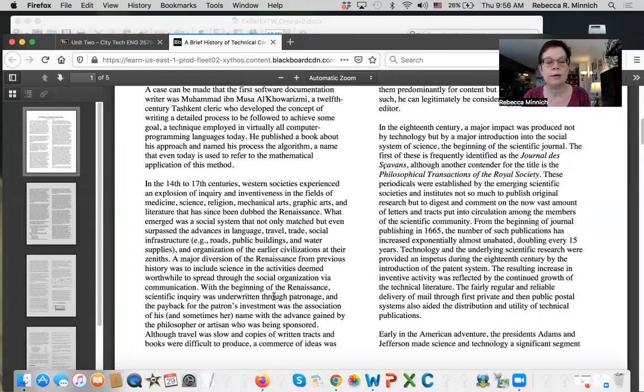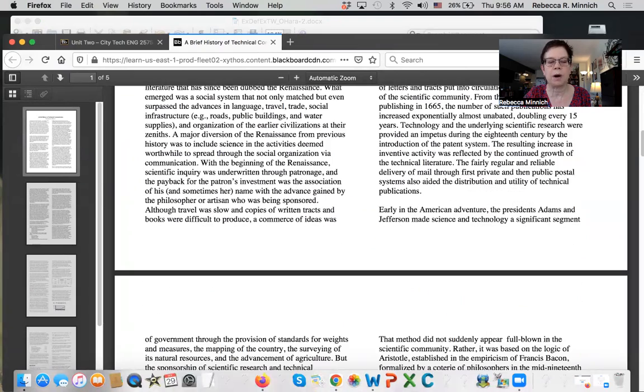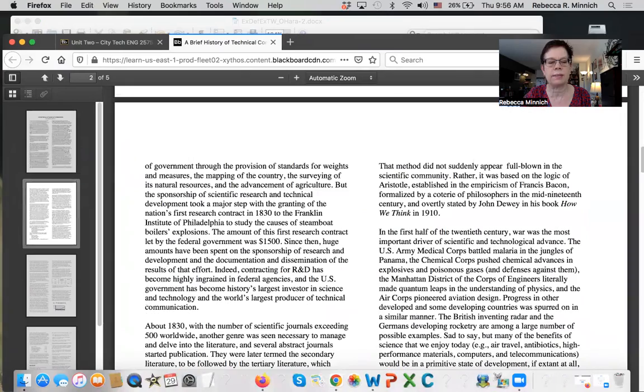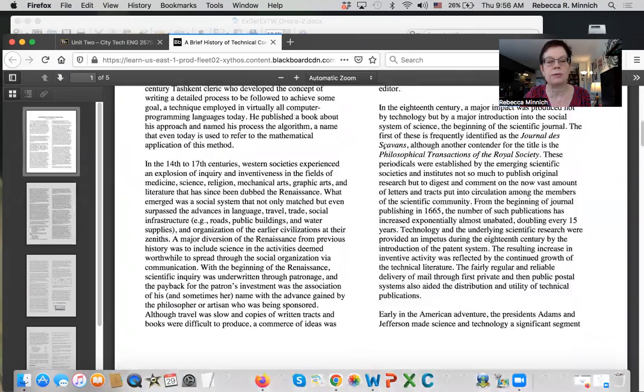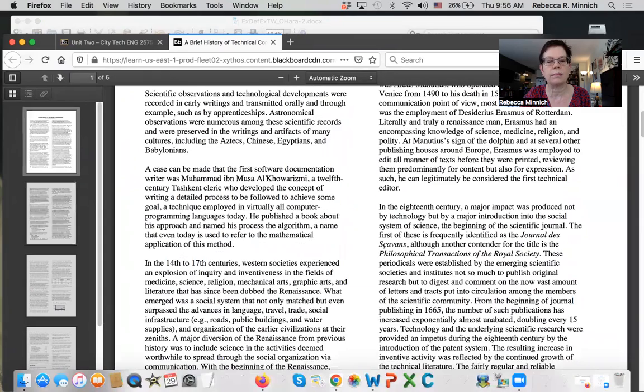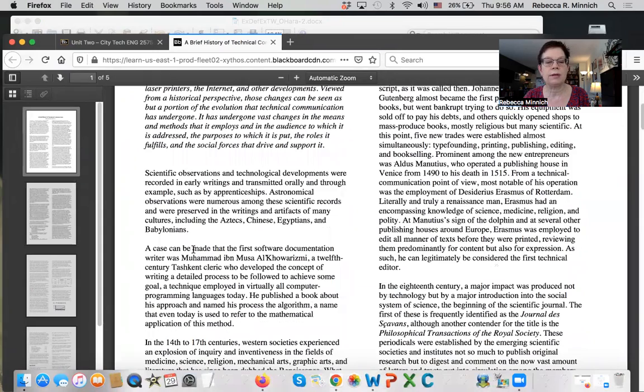So right here, we have the ancient part of the text, right? And we can see that the part that has to do with the algorithm is right here in this paragraph, okay? So he developed a concept of writing a detailed process to be followed to achieve some goal.